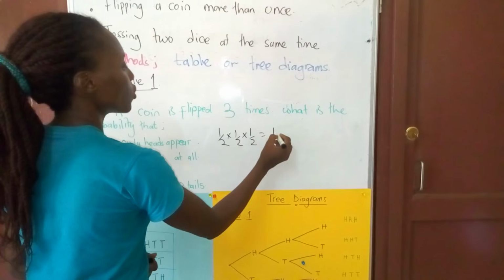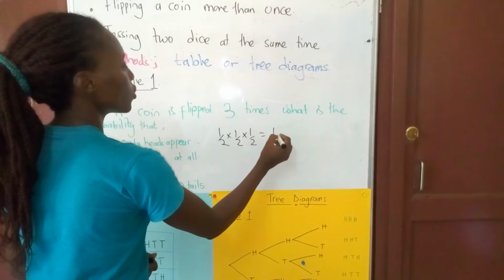These ones are simple. For you to get only heads to appear, you look here, and here you're having tails, tail and head, tail and head, tail and head. It is only this. That gives us only heads. So there is 1 out of the total possibilities, which is 8.